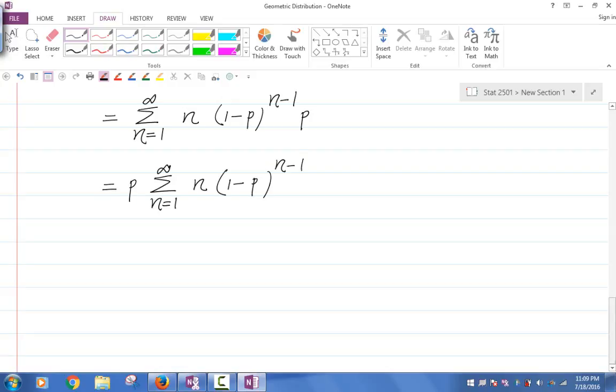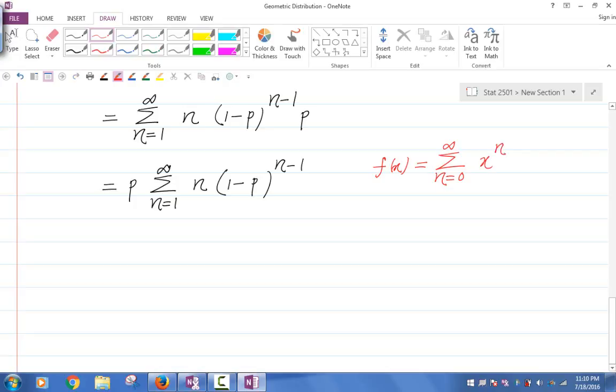Now at this point, let's recall the geometric series from calculus. Let's take the function f of x to be the summation, n going from 0 to infinity, of x to the n.